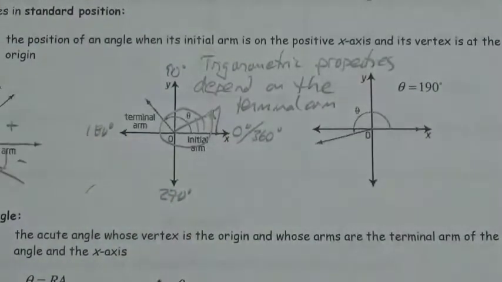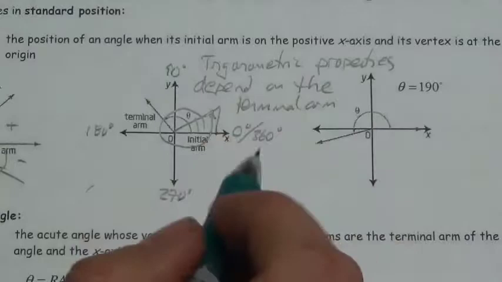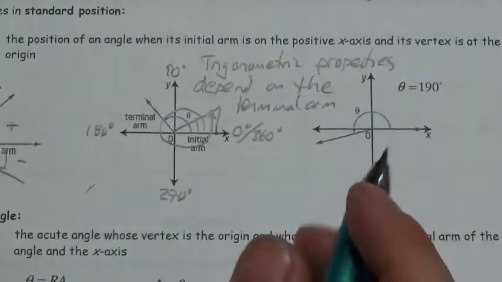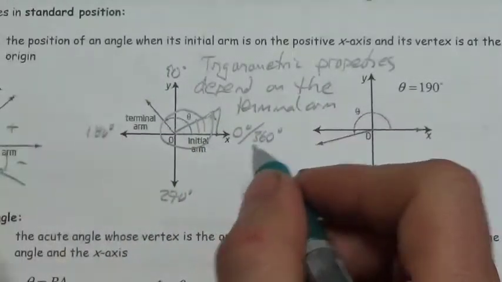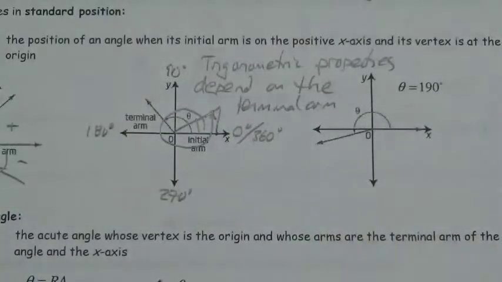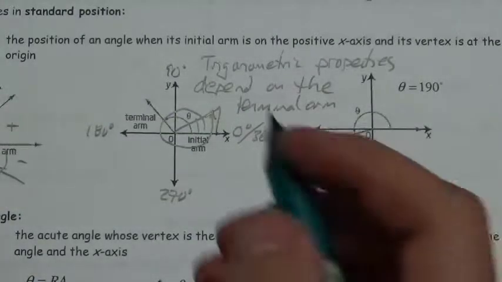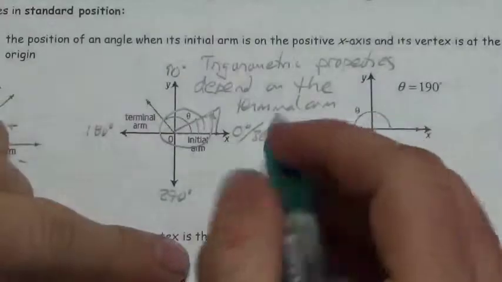There'd be no difference, because it all depends on where that terminal arm points, which leads us to something amazing that they didn't know about trigonometry until they started to look at it in this context.